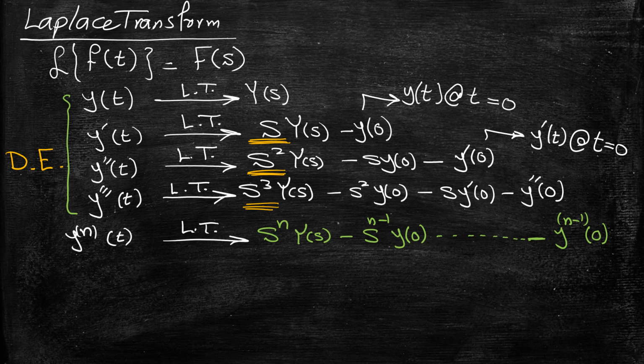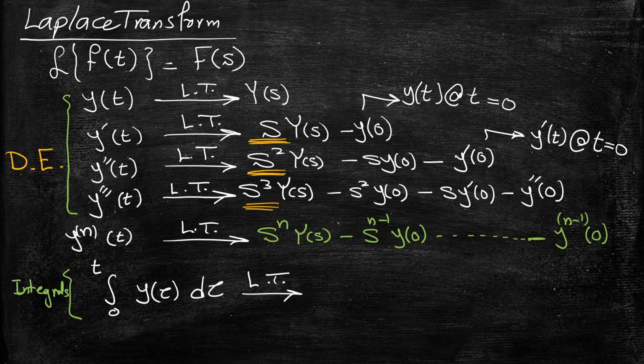One other very useful thing: if we have an integral equation, with integrals in the form that we already knew before, integration from 0 to t of any function y of tau d tau, this will have Laplace transform y of s divided by s.